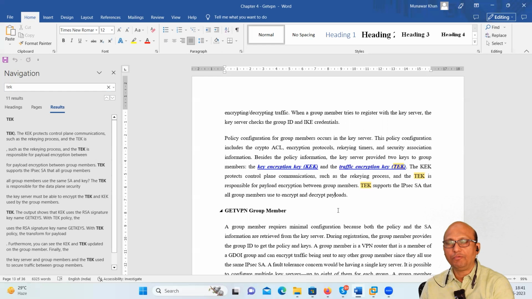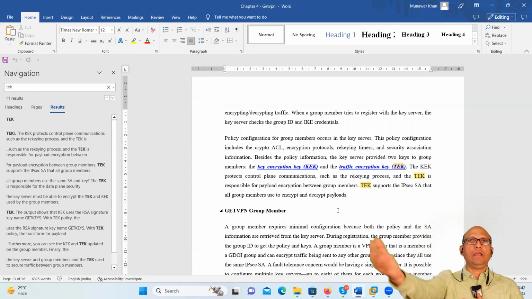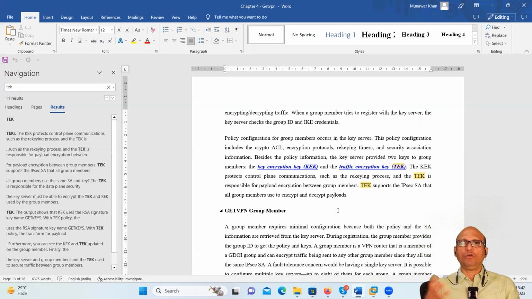And traffic encryption key is the key which will be used for encrypting the data. Payload means data. Payload encryption between group members. If I want to send my data to any of the group members, I'm going to use this key, traffic encryption key.